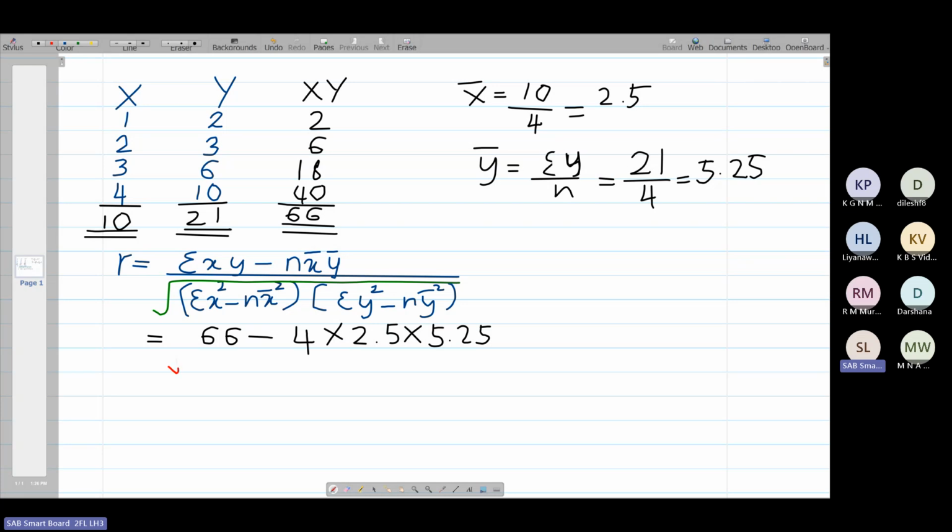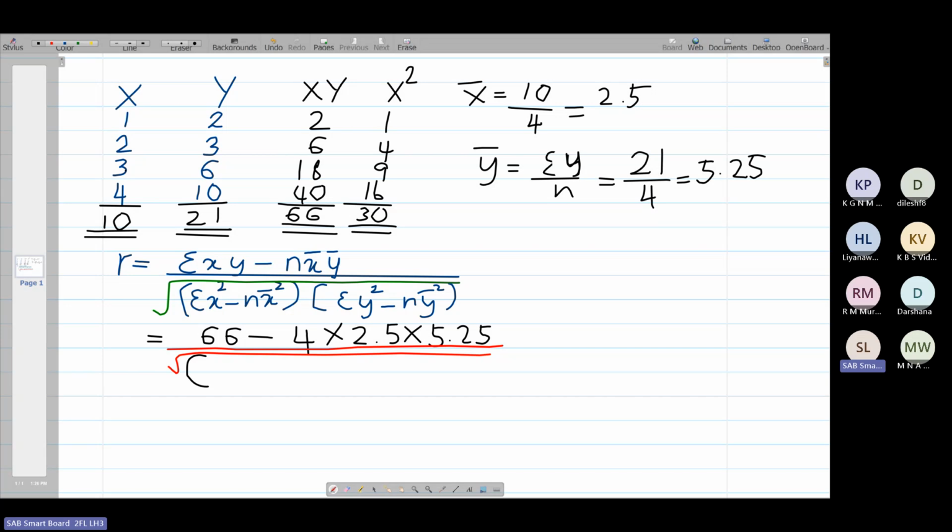Then here there is a square root sign and the division sign. In the first bracket, sigma x squared means we create the x squared column. 1, 2 squared is 4, 3 squared is 9, 4 squared is 16. The total is 30.